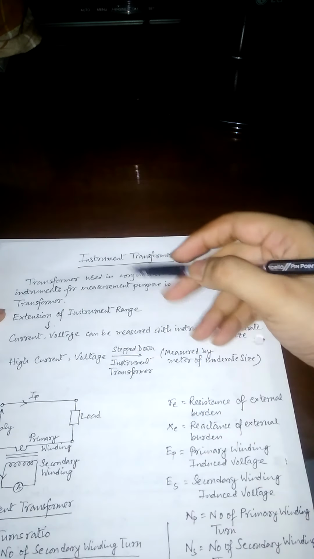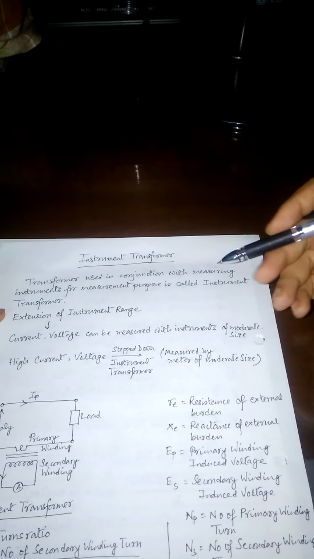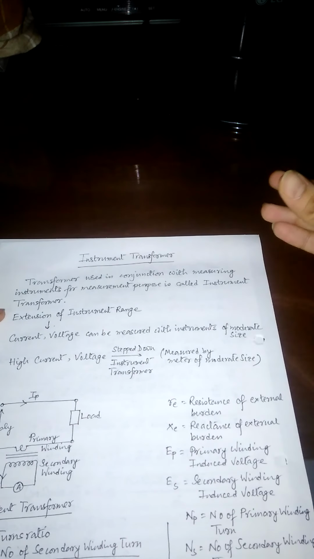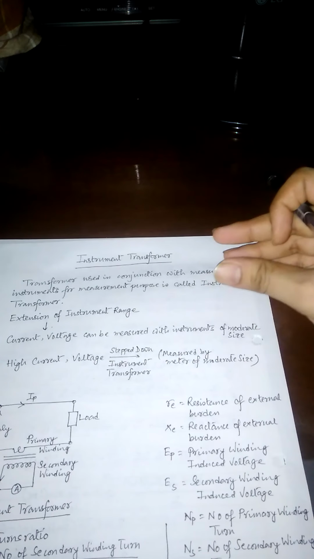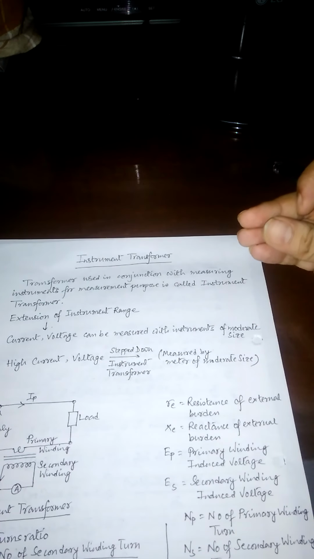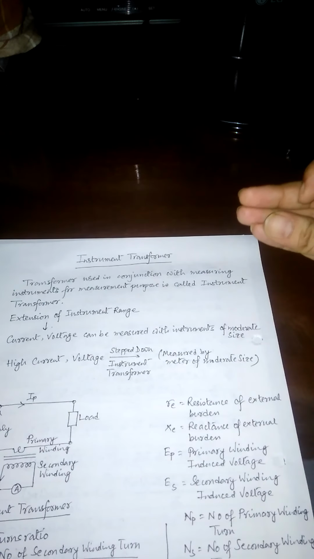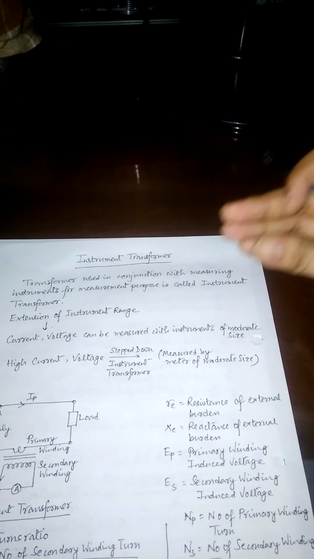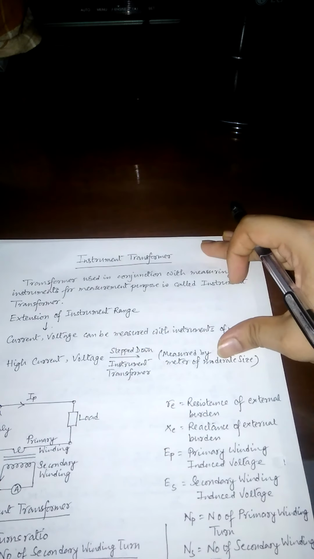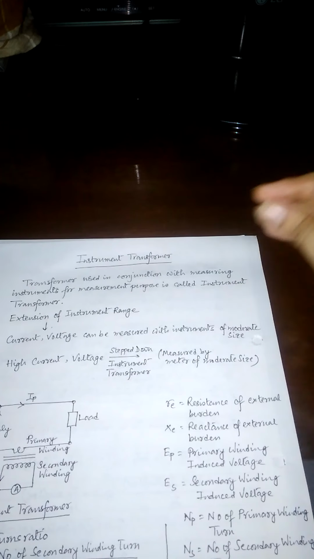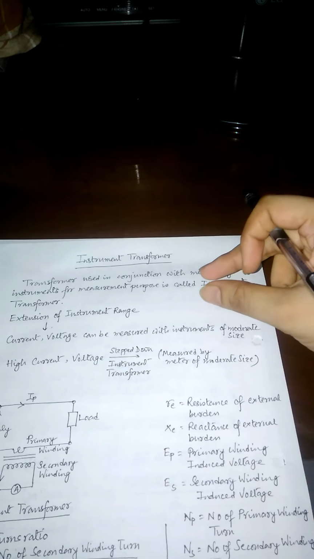If we are considering current measurement, we know that an ammeter is going to measure the current, and a voltmeter is going to measure voltage. But in a practical scenario, when we are considering the power level, voltage and currents are in a very high range, and normal meters cannot measure that type of high range voltage and current.